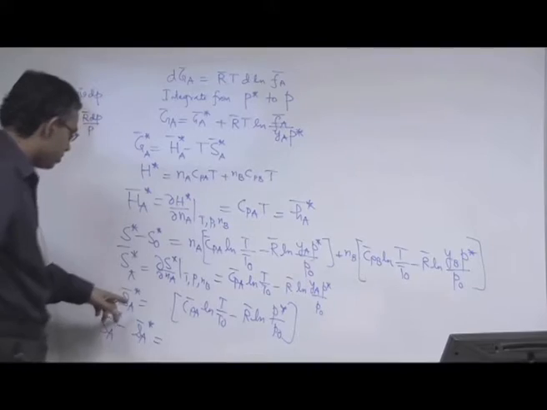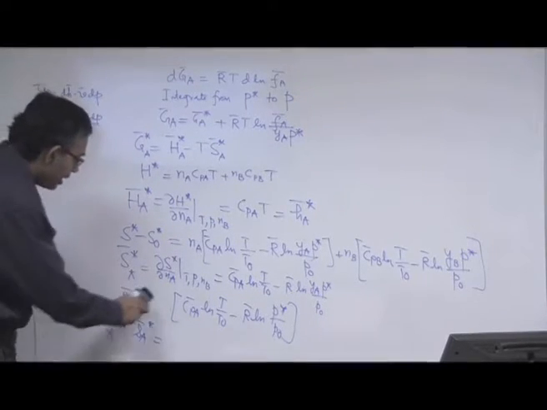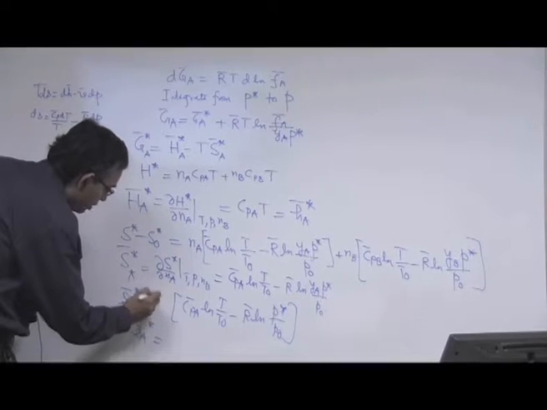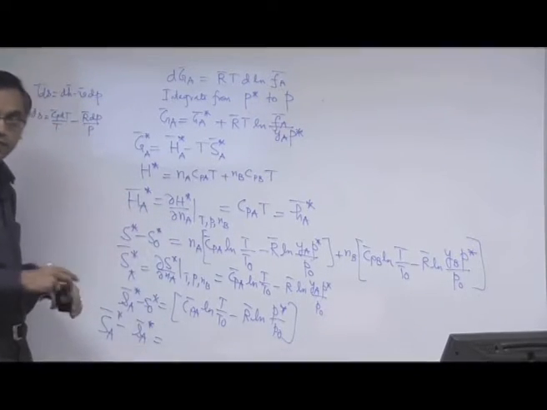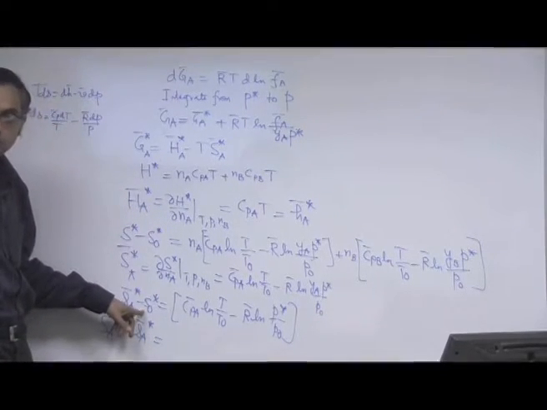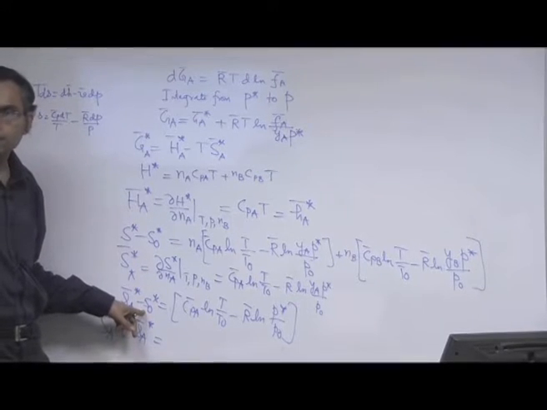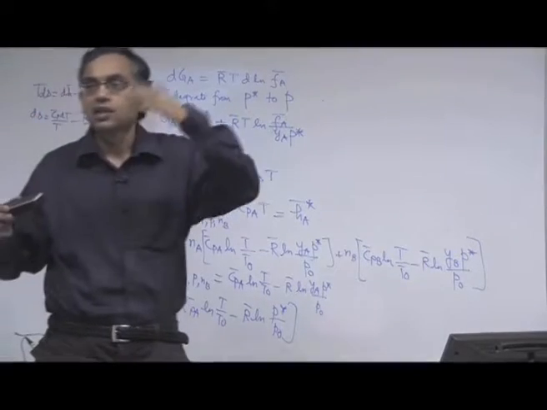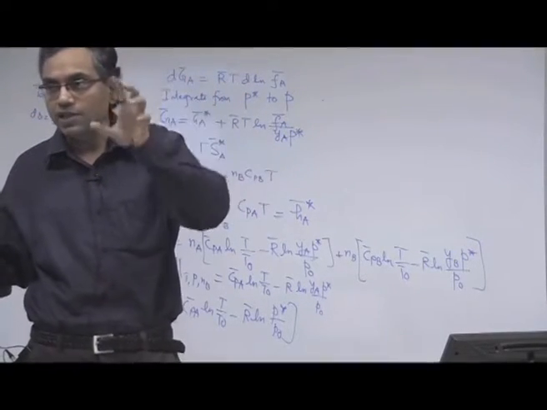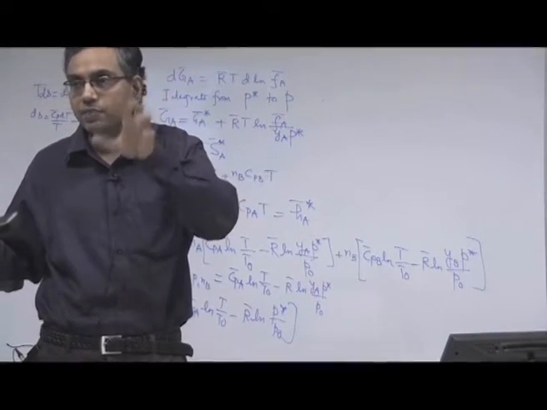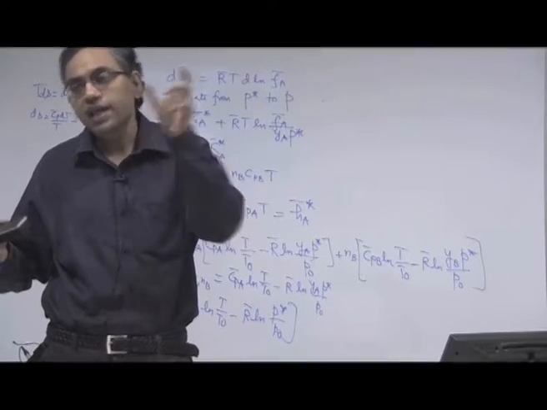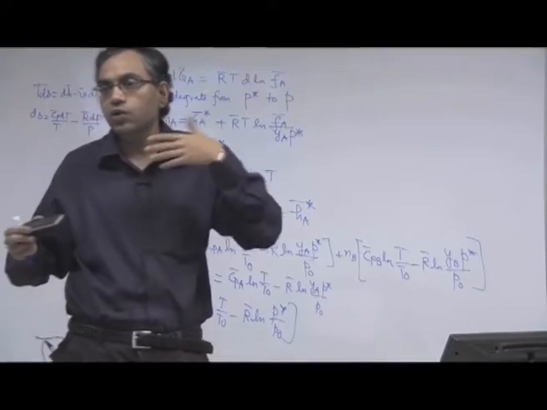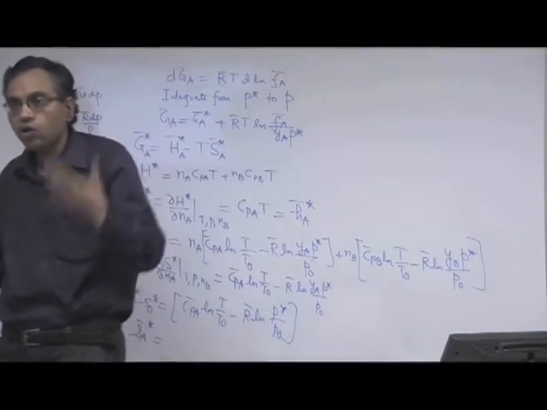When you write this, your reference state is the same. So S star minus S0 star actually, this is the reference state. For calculating entropies, basically you require a reference state with respect to which you calculate the entropy, because the second law based expressions talk about the change in entropy, not the absolute value of entropy. For absolute value of entropy you have to refer to the third law of thermodynamics.